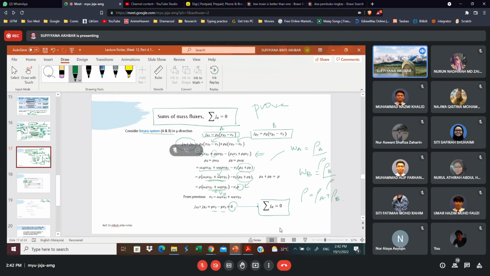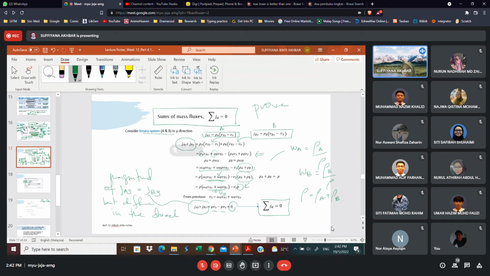It means that the magnitude of mass flux of JAY is similar to the mass flux of JBY, but different in the direction.